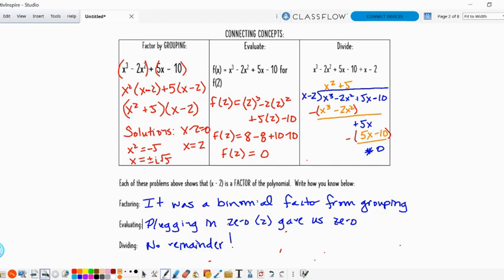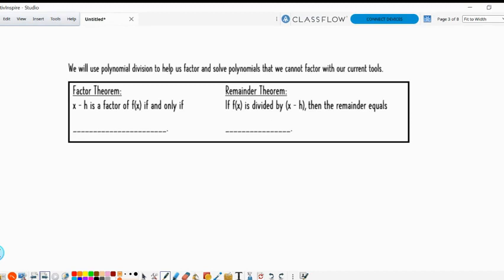So that long division process that I did, we're going to try to speed up a little bit more quickly. But what we just saw is going to rely on the factor theorem and the remainder theorem.